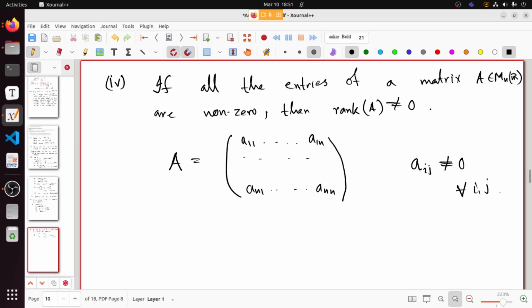So the first row will always be non-zero.